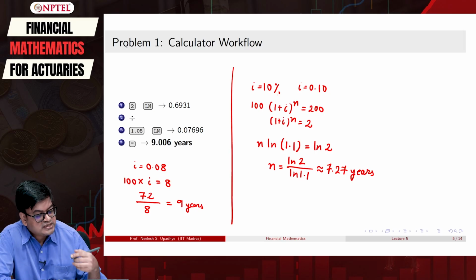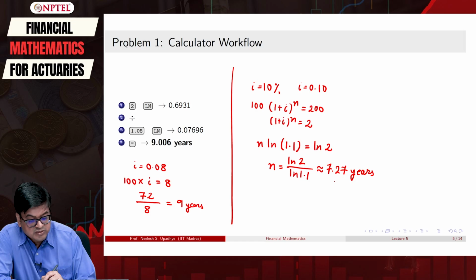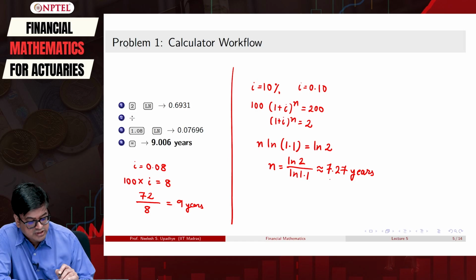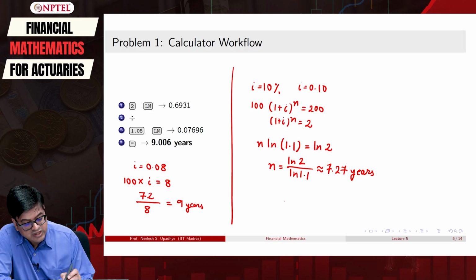If the interest rate is 8%, it takes 9 years. If the interest rate is 10%, it takes 7.27 years. Now this answer is not done yet. We need to check whether I have made any calculation error or not. For that, what is the verification rule? Rule of 72.